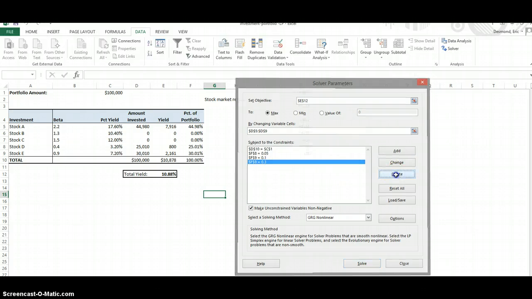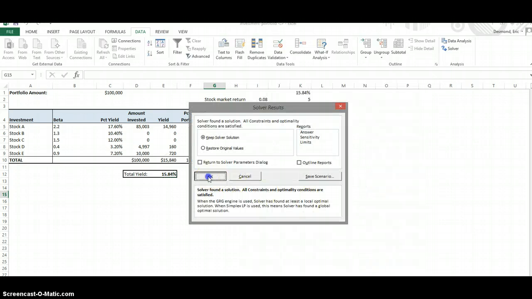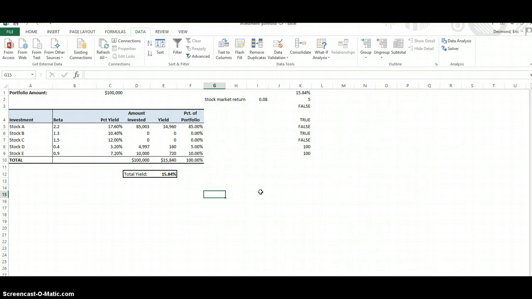Get rid of this. So here's our new constraints. D10 equals C1. F8, 0.05, F9, 0.10. Hit solve. Wow, there it is. That's a 15.84% yield. Now this is how to do it.